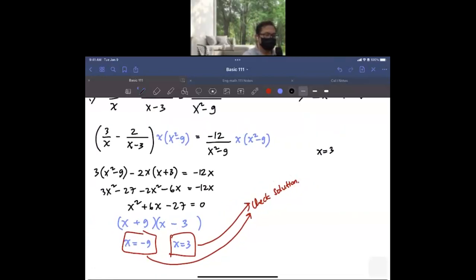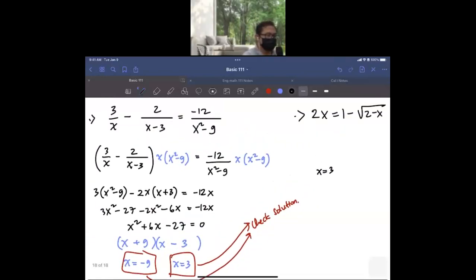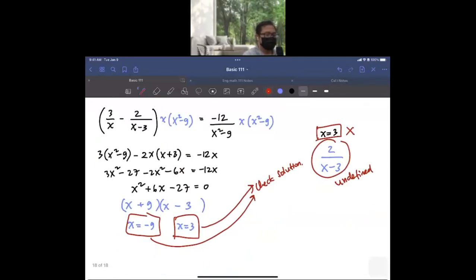When x is equal 3, the left side will be 3 by 3 is 1. Oh, something will be happening with 2, x minus 3. This will be undefined here, right? So this is, I think, not our solution.